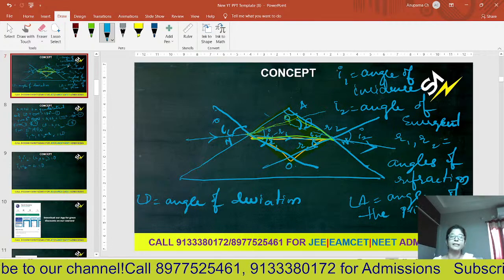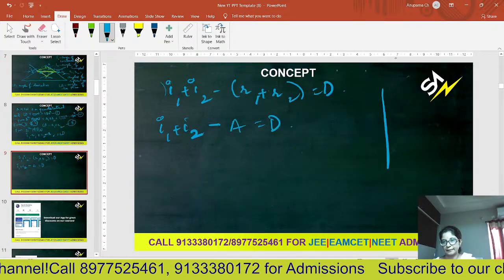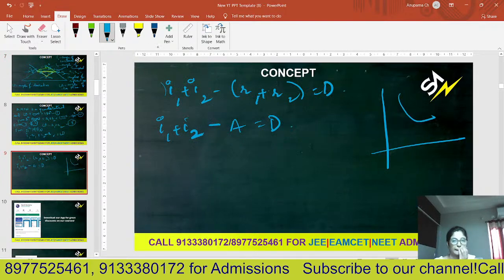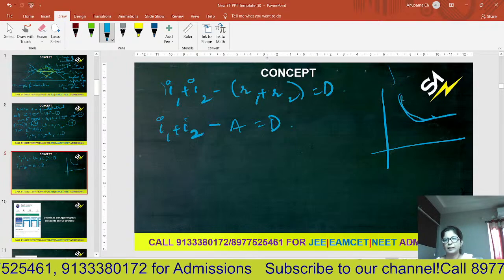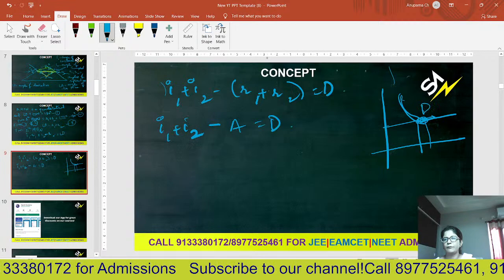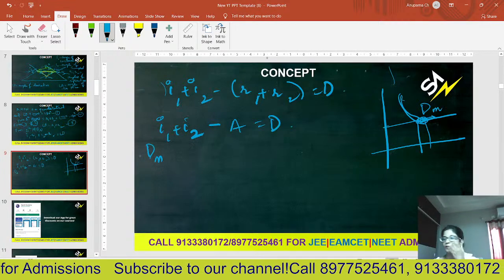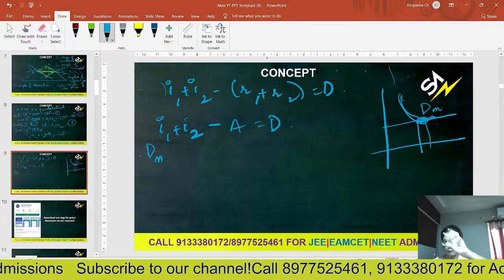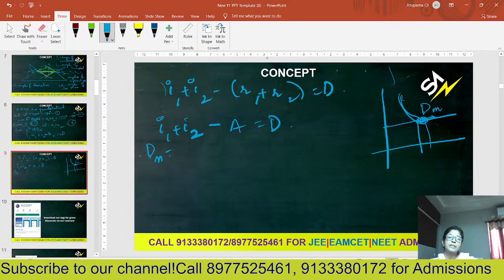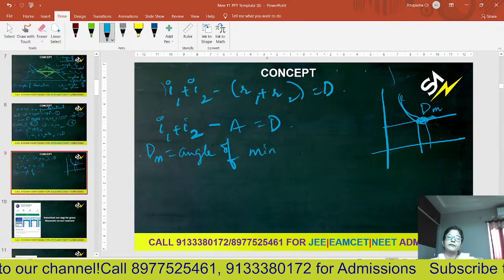Now if you plot a graph between I and D, you get a graph like this. The minimum value is called the angle of minimum deviation. DM is the least value, and from the graph, if you choose the lowest one, then DM is the angle of minimum deviation.